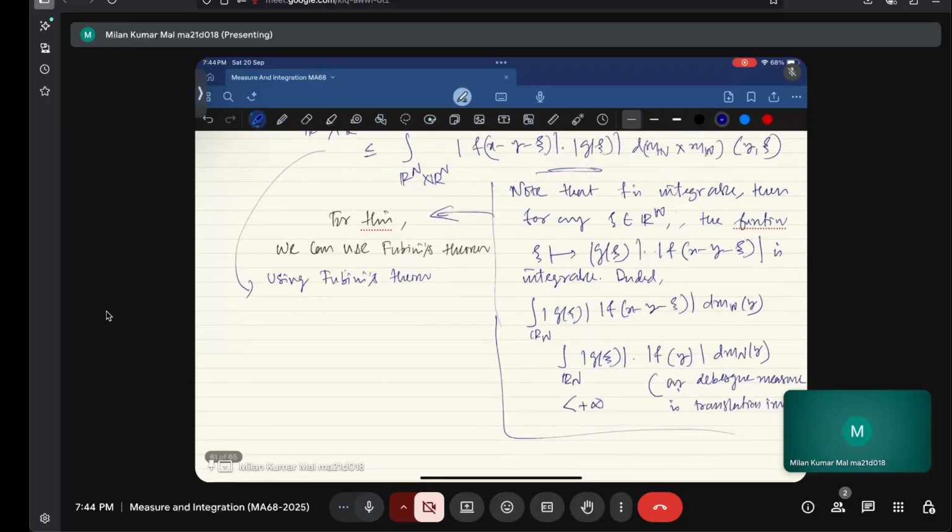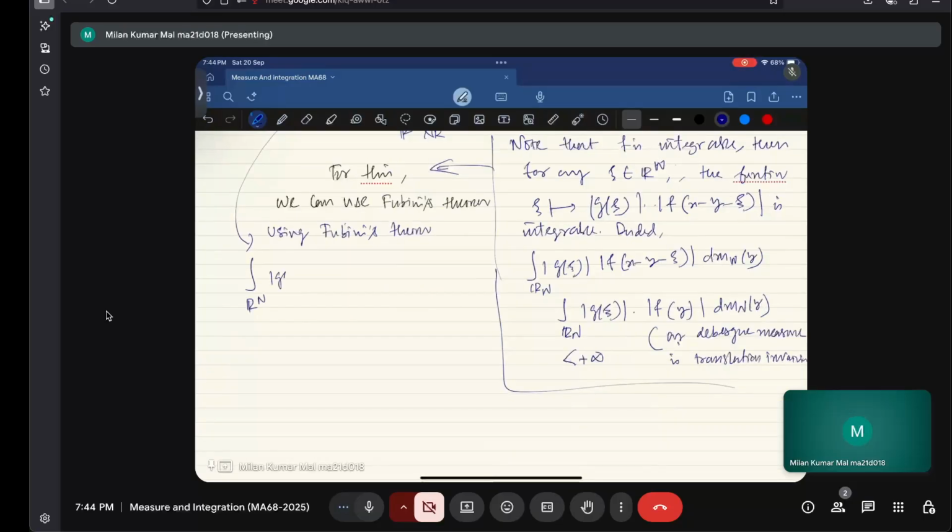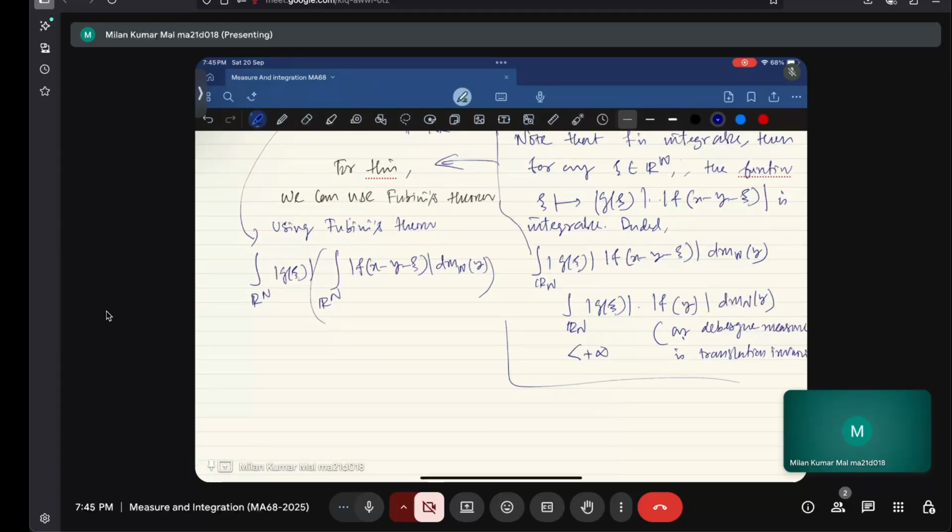That's the main point. We can separate, that is, the integral over R^n of |g(ξ)| times the integral over R^n of |f(x − y − ξ)| dm_n(y), whole into dm_n(ξ). Okay, this is what it is, and that is finite.